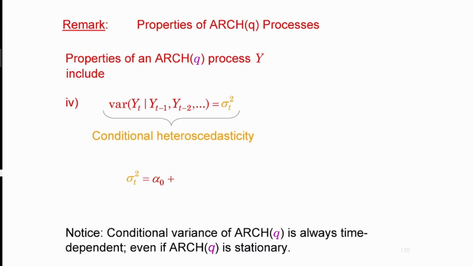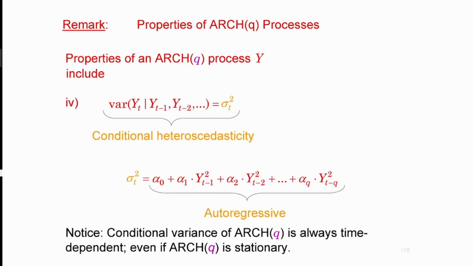Because the conditional variance equals, and that's what you're going to see, this type of autoregressive structure where the squares of the process itself are involved. So keep in mind, guys, these are the past observations of the squares of the process y itself. And that is where the term autoregressive comes from. So that has an autoregressive structure, not for itself, but for the squares of the process.